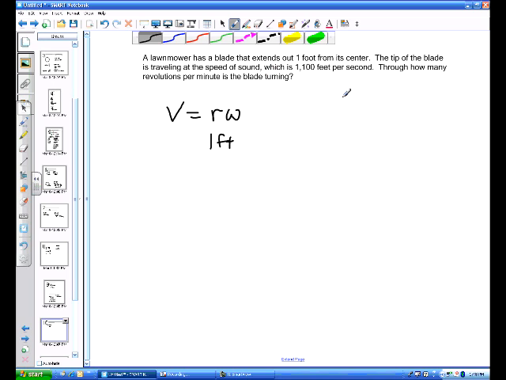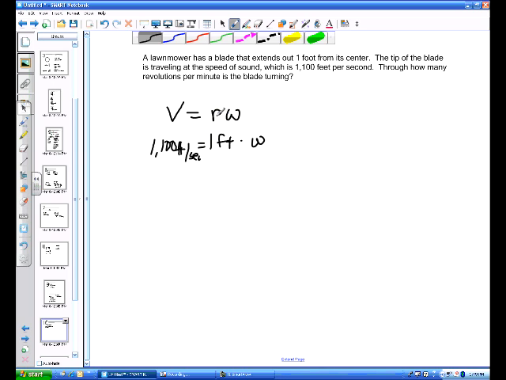The tip of the blade is dealing with linear velocity. So it's our linear velocity here that's the 1,100 feet per second. And we're trying to come up then with our angular velocity.